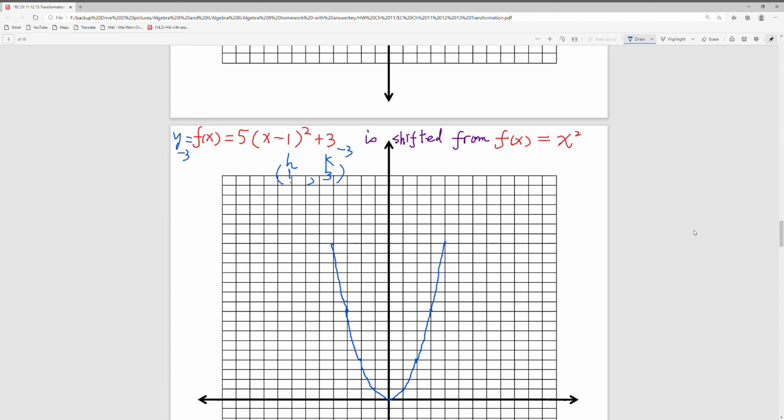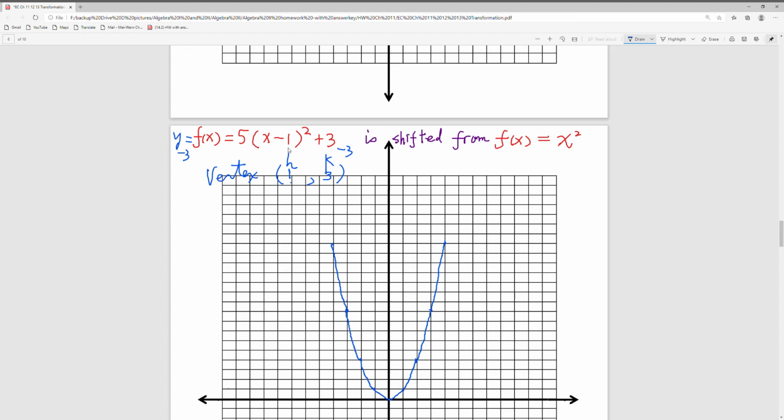So how do you find the vertex? It's a little confusing to learn, but for now, you just memorize. The number x minus inside the perfect square is 1, and for the whole function plus 3, don't change the sign. k is positive 3.